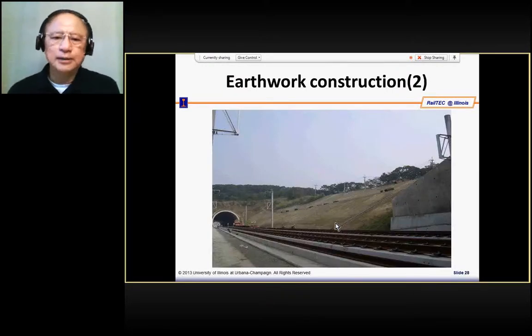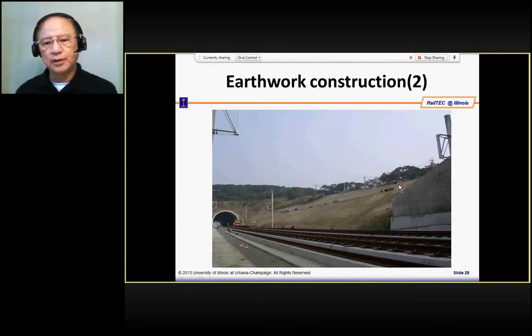Okay, again, this is a view of the earthwork which is constructed on the valley before entering into the tunnel. The trackwork is sitting on the earthwork.